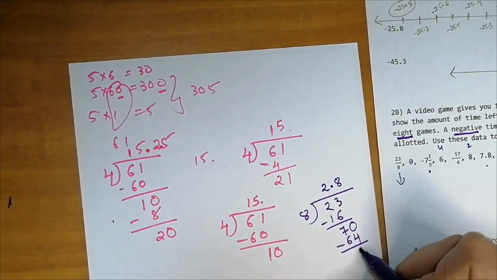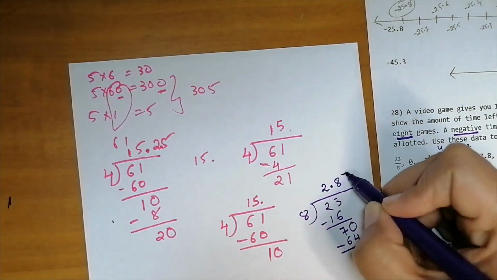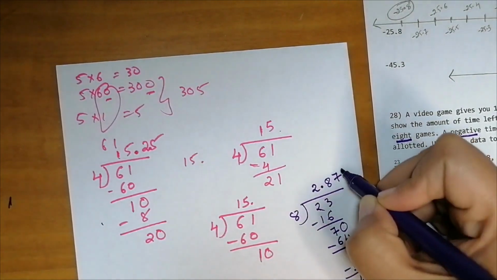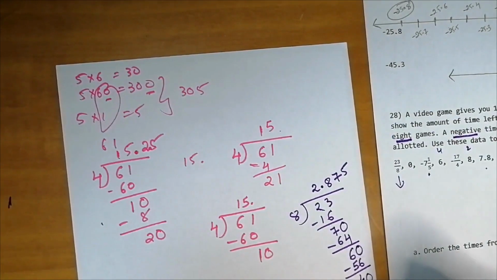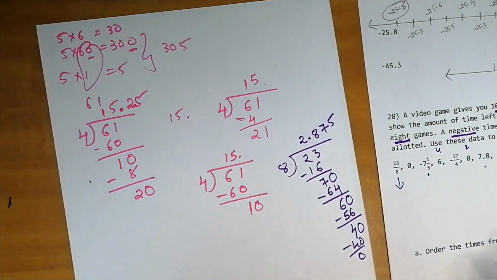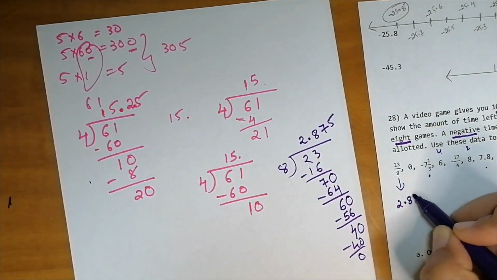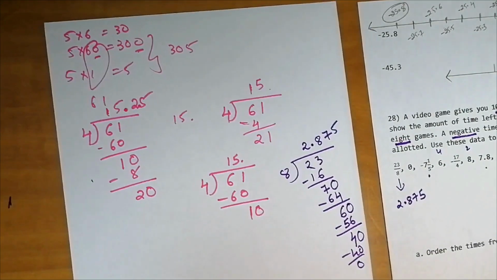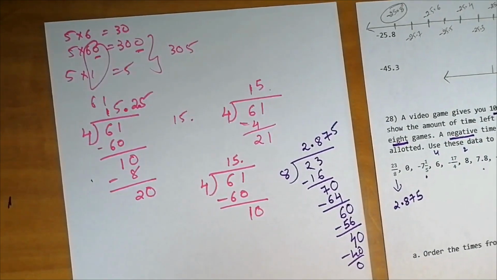You're left with 6. We put again 0. 8 times 7 is 56. 4 left. We put 0. We put 5 here. And this is how you would solve it, right? So this is 2.875. This is the time left, okay? 0, you don't need to do anything.